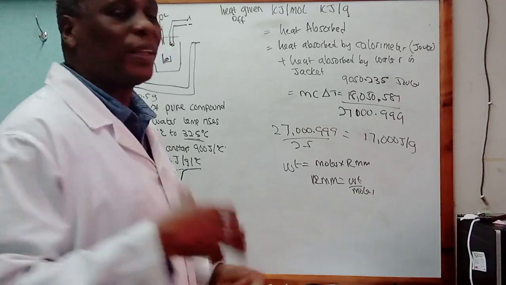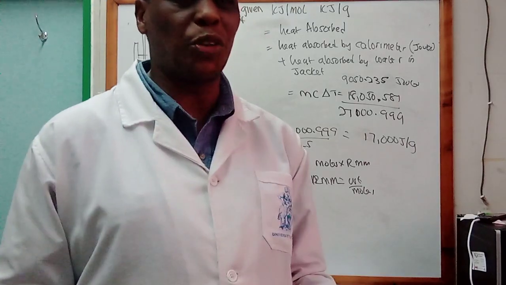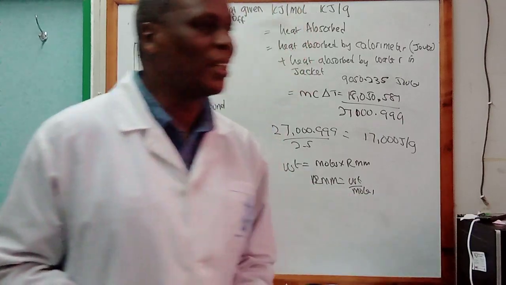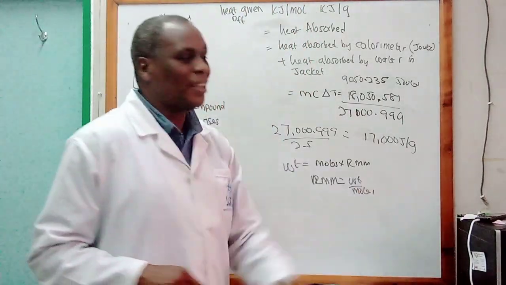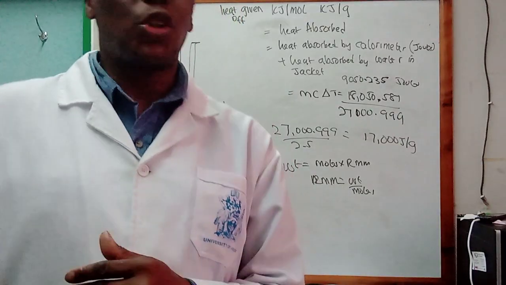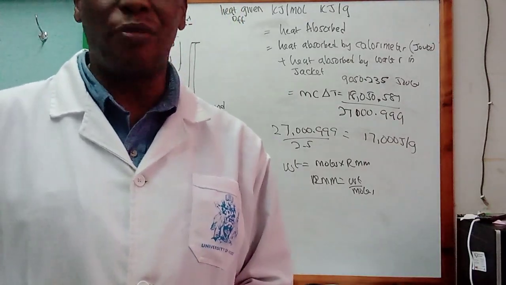And on the final answer, that's when you can approximate to probably 1 or 2 decimal places. But please do not do it at the beginning. Otherwise, the approximations of the decimals add up to very significant figures.